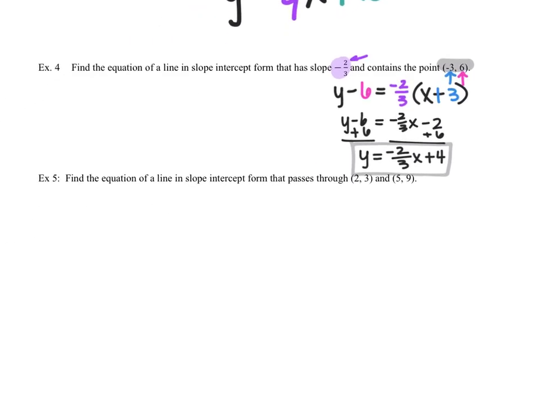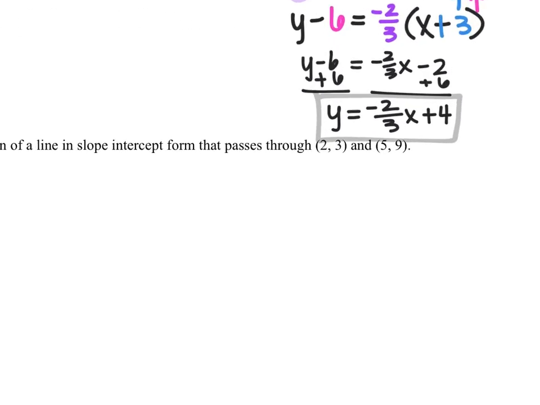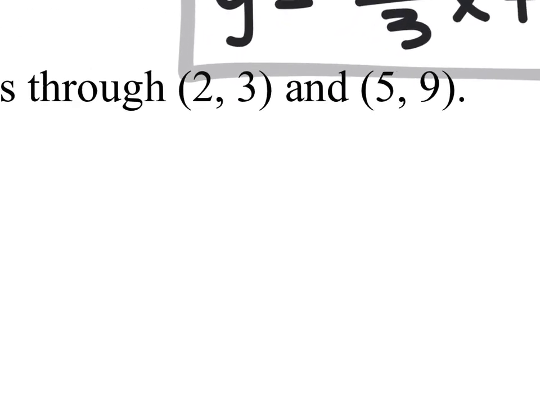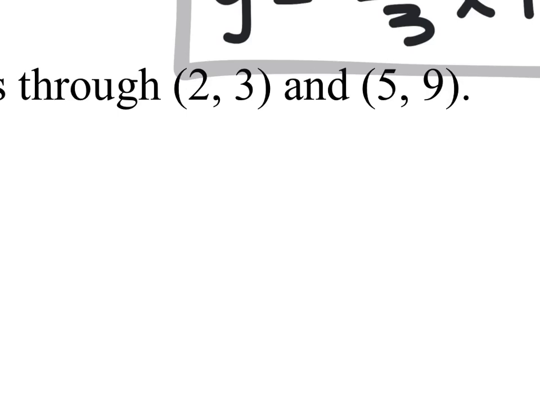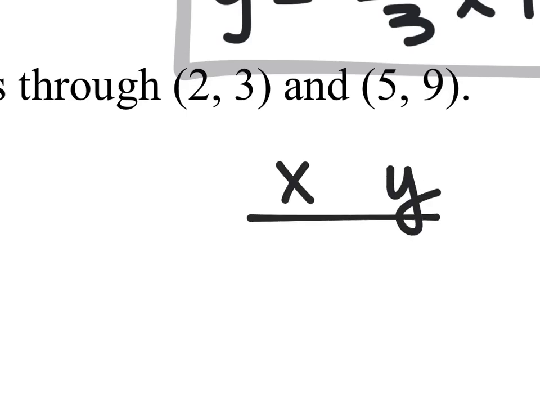The last example on these notes gives us 2 ordered pairs, and we want to find the equation of the line that passes through those. So I need to find the slope first. Then I'll choose a point and use the point-slope formula to find the slope-intercept form of the line.